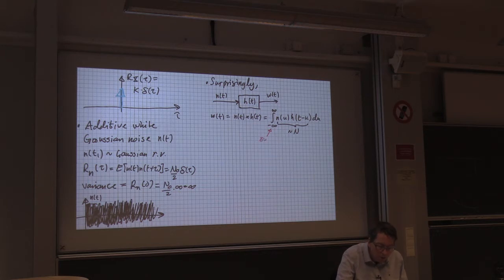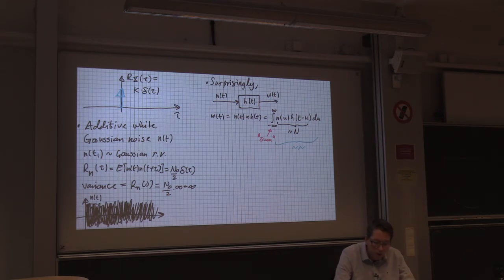So for a fixed t, we have a sum of scaled Gaussian random variables. What is the distribution of a sum of Gaussian random variables? Gaussian. Here we go. So we have something which is Gaussian.